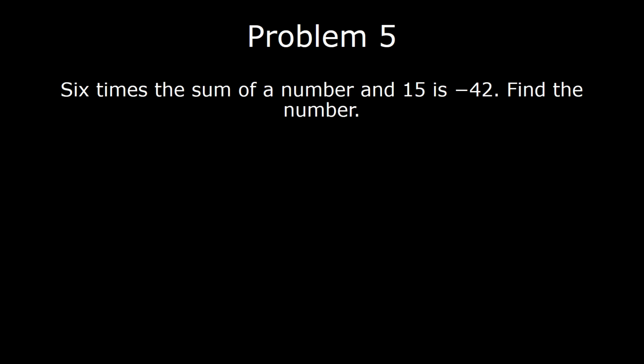The equation we have formed is 6(k + 15) = -42. So we can transpose 6 from being in multiplication on the LHS to going into division on the RHS. Thus we have k + 15 = -42/6.